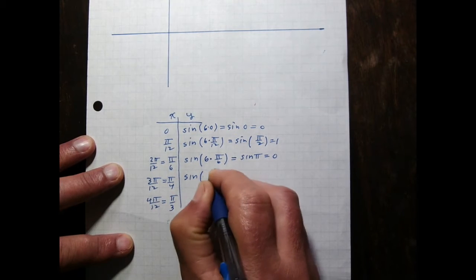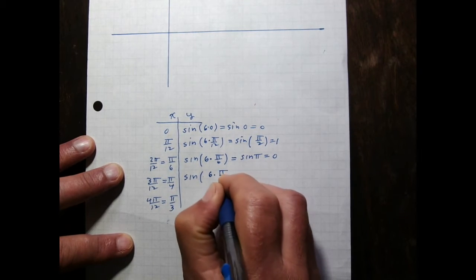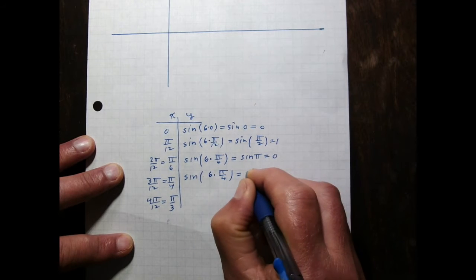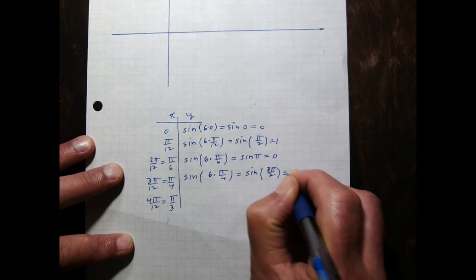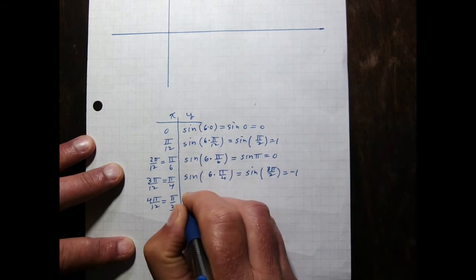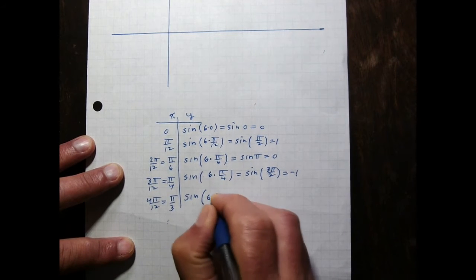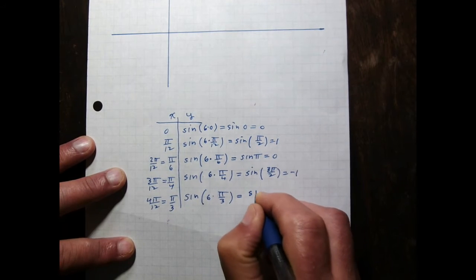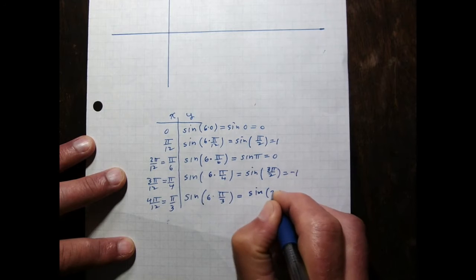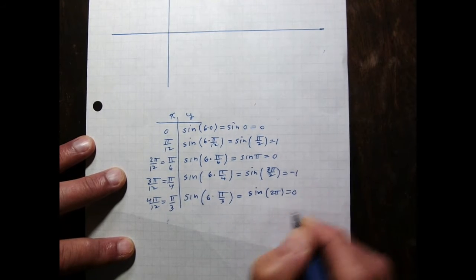Sine of 6 times pi over 4 is the same as sine of 3 pi over 2, which is negative 1, and sine of 6 times pi over 3 is sine of 2 pi, when I reduce that, which is sine of 0.